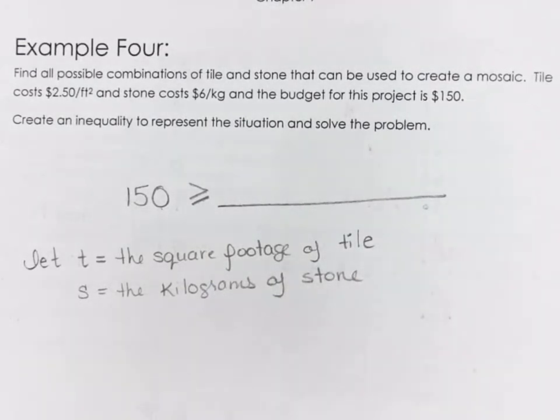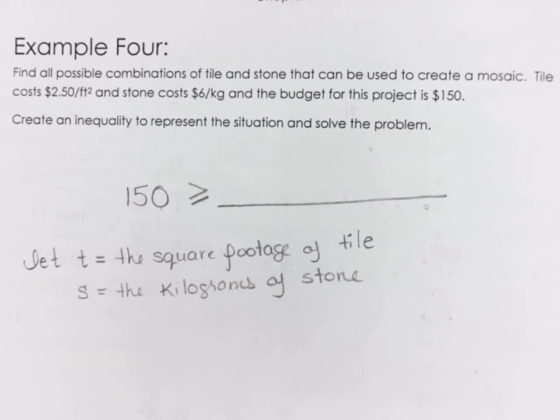All right. So if I have 10 kilograms of stone, how much is that going to cost me, ladies and gentlemen? $60, right? Because each kilogram is $6. Everybody get that? So what did I do between the 6 and the 10 to give me 60? I multiplied them.